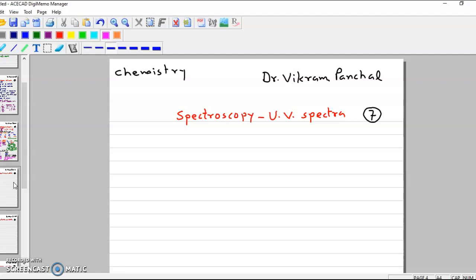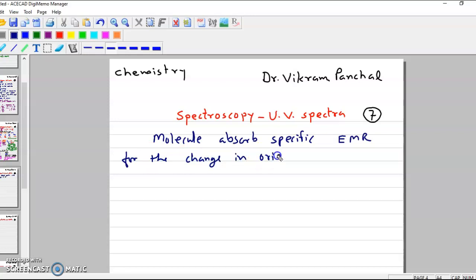When a molecule absorbs specific EMR, electromagnetic radiation, there is a change in orientation, and therefore the intensity of radiation also changes.